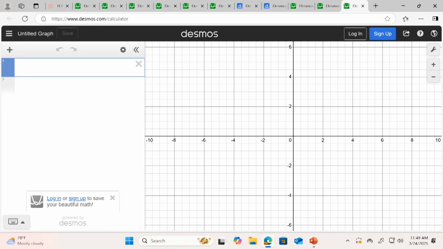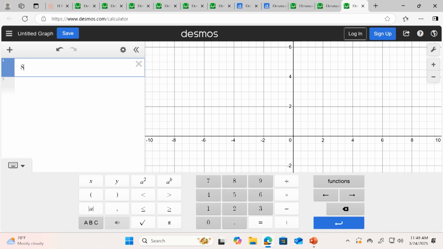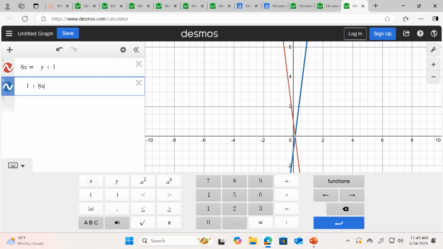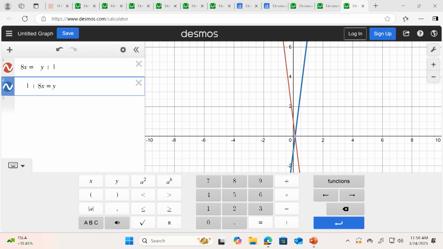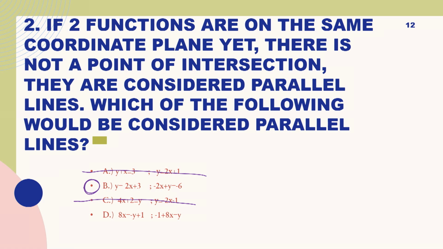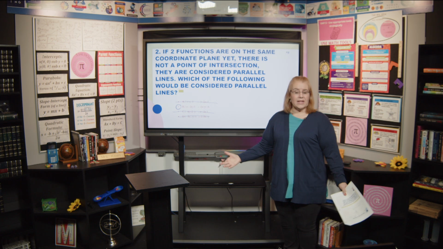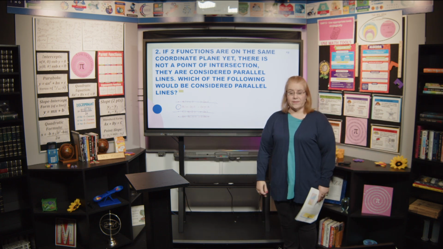I've got 8x equals negative y plus 1, then I have negative 1 plus 8x equals y. And I see that those have an intersection. So when it asks me in my problem which one is considered parallel, B is my only choice for parallel lines because there was no intersection whatsoever.